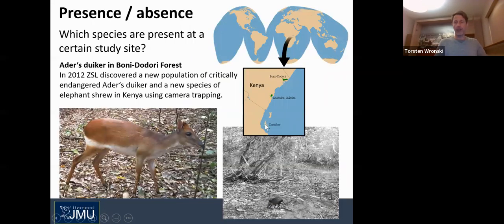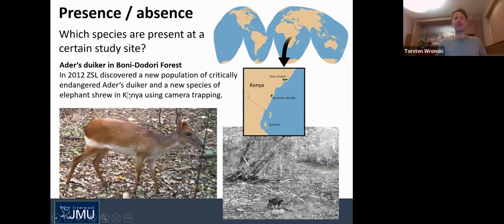So this is the known distribution of the Aders' duiker in East Africa, only on the island of Zanzibar, but scientists suspected that in Boni Dodori and Arabuko Sokoke forest in coastal Kenya, some of these animals might still have survived.